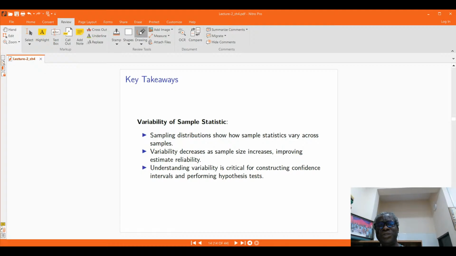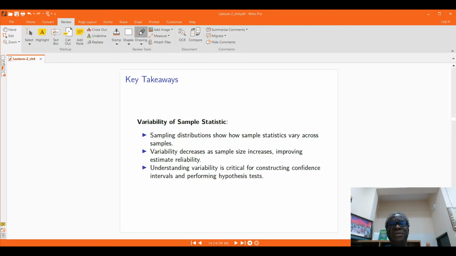Again, we have also noticed that the variability, the spread of the sampling distribution of the statistic, which is measured in terms of the standard error, decreases as more samples are taken.